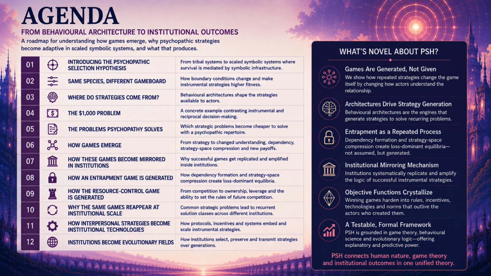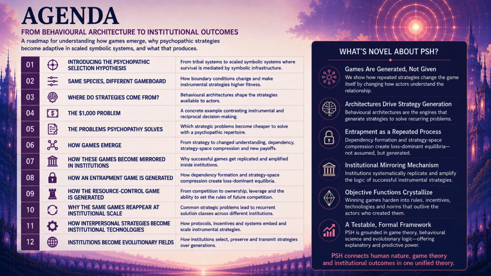I'm going to show how strategies used to solve these particular problems can actually generate new games, including entrapment games, resource control games, and so on, and how those same patterns can reappear at institutional scale, what I call, in the theory, institutional mirroring.